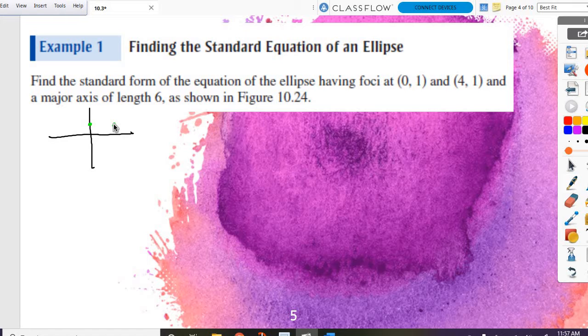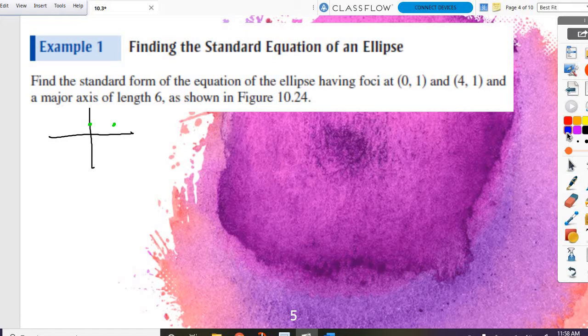So what type of ellipse are we going to have? Yes, why is it horizontal? This is the major axis. I agree.